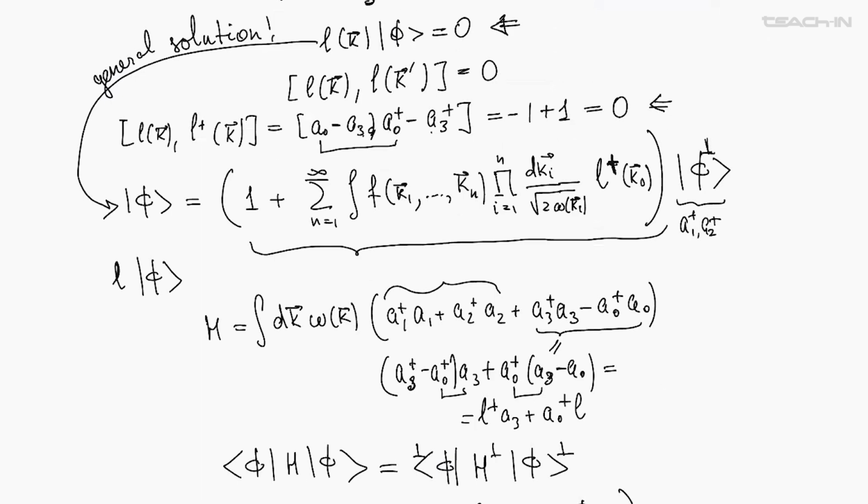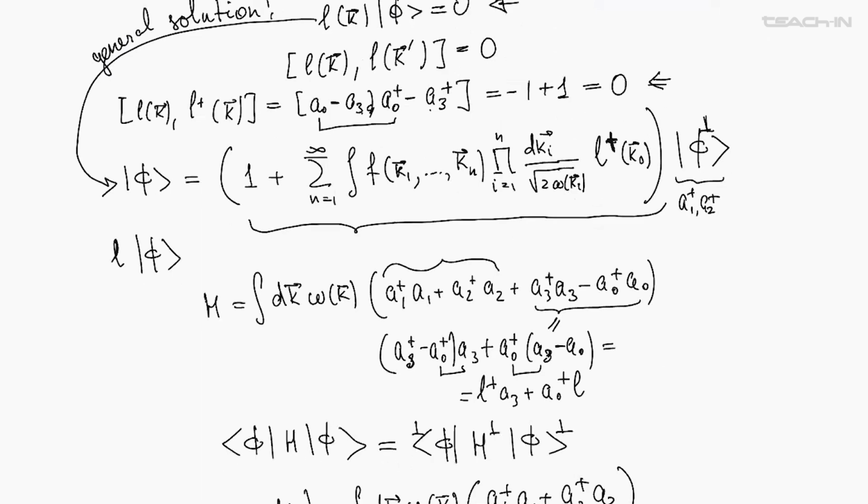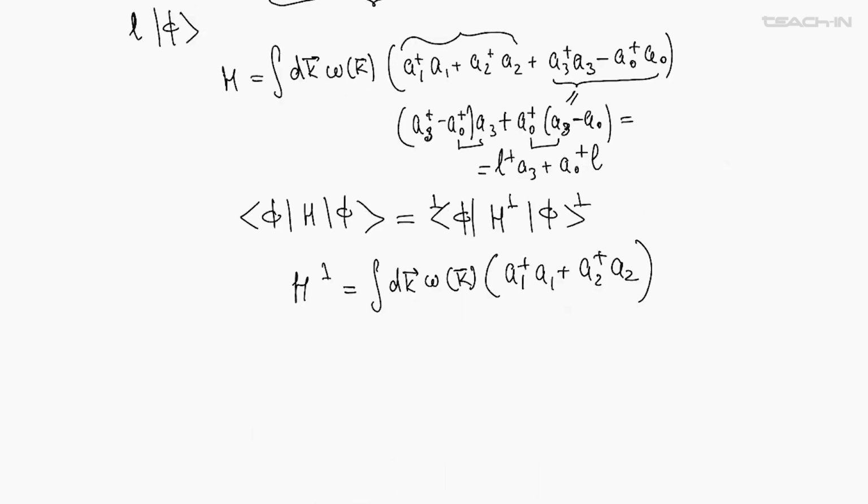These are states which have zero norm due to the contribution from L plus, because if you now compute the norm of such a particular state, it will look like: K1 L plus on K prime, K1 prime, ... Kn prime, L on K1, ... L on Kn, vacuum.